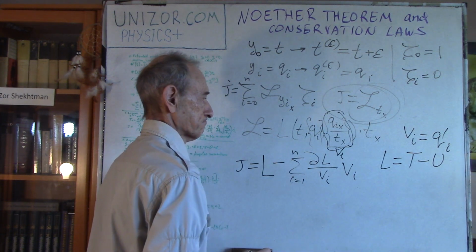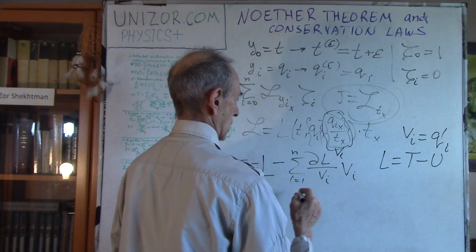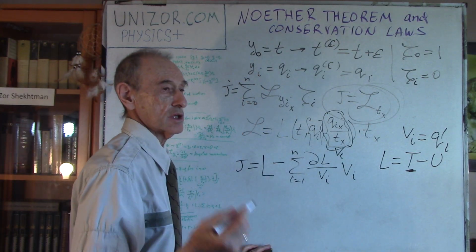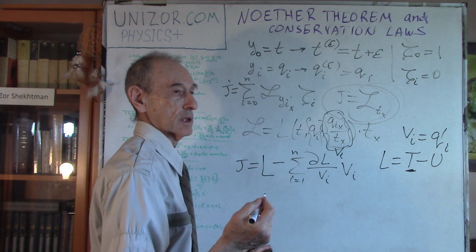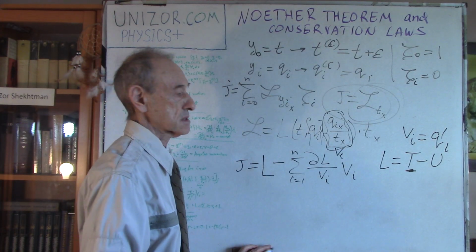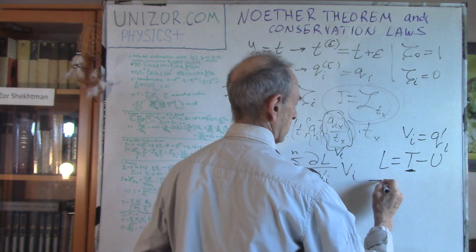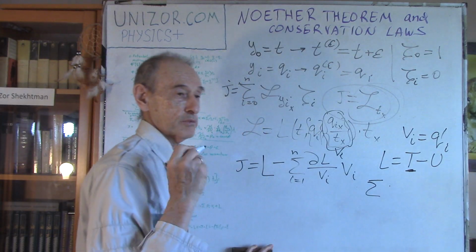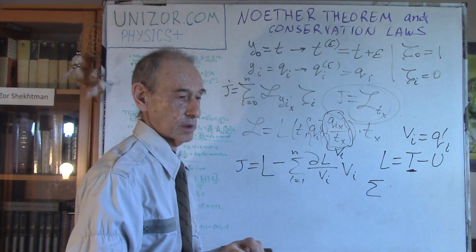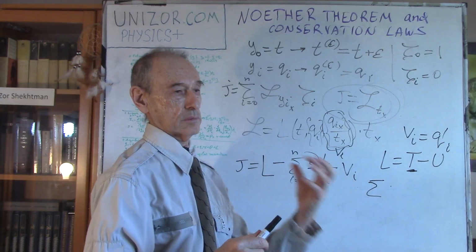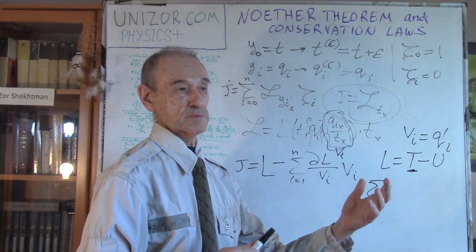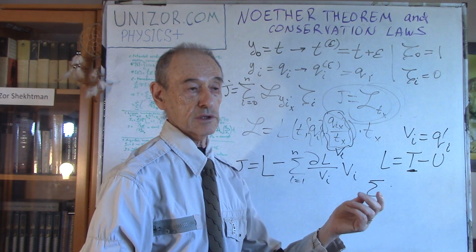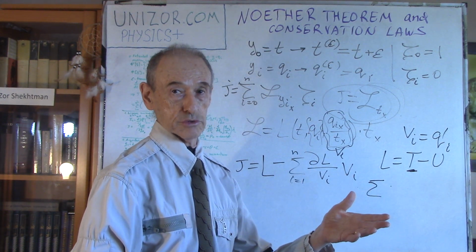And what is kinetic energy? Kinetic energy, in all the conservative systems which we are discussing, is actually a quadratic formula of the speeds. Remember, if you have one point mass moving with a speed v, its kinetic energy is mv squared divided by 2, right?